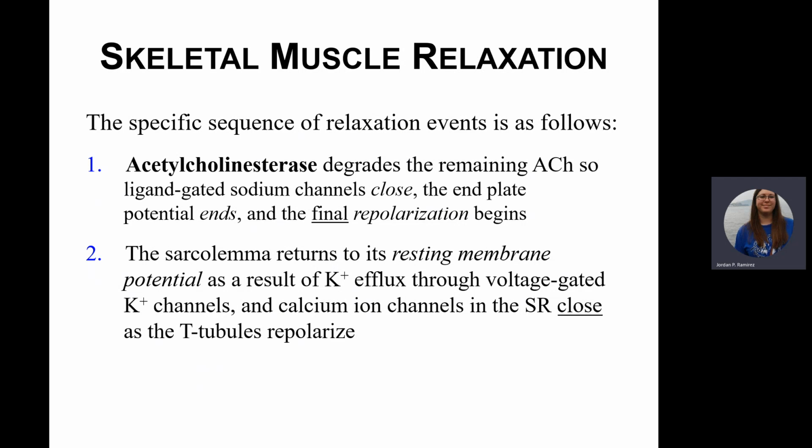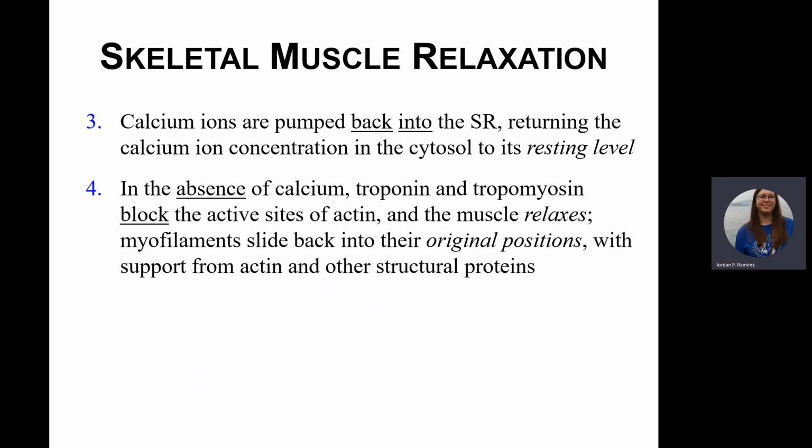The sarcolemma also returns to its resting membrane potential as a result of potassium efflux exiting through voltage-gated potassium channels, and calcium ion channels in the sarcoplasmic reticulum close as the T tubules repolarize. Calcium ions are also pumped back into the sarcoplasmic reticulum.